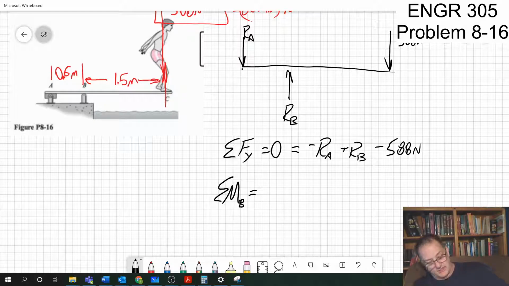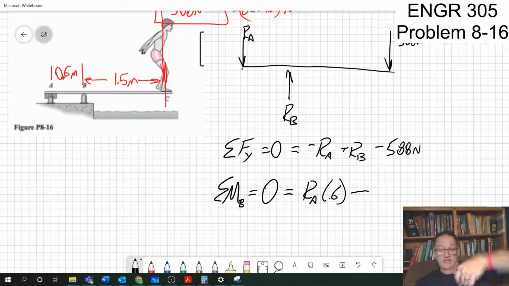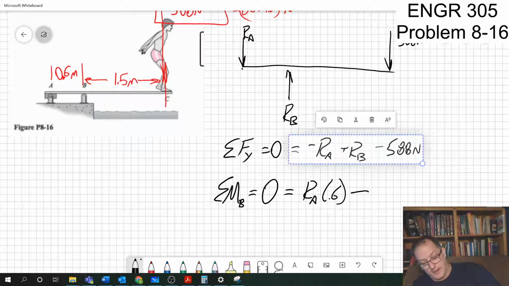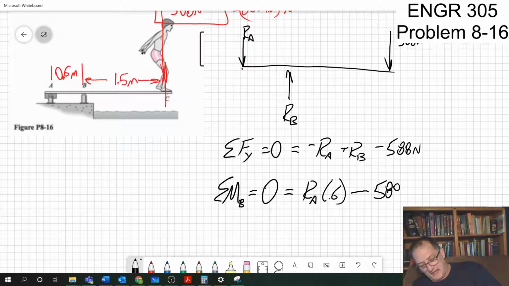RA is going to cause a positive moment, so that's RA times 0.6. And then the 588 is going to cause a negative moment, so that's minus 588 times 1.5. All of that equals 0.